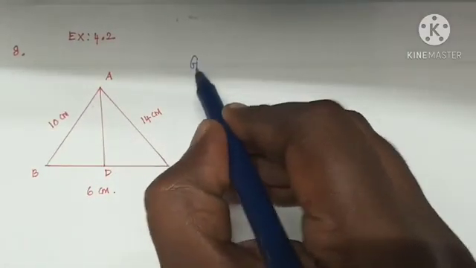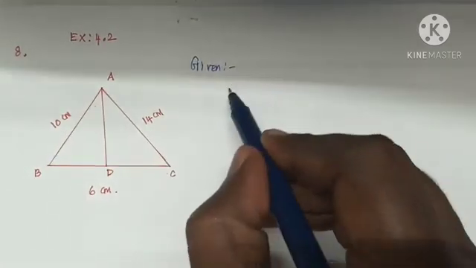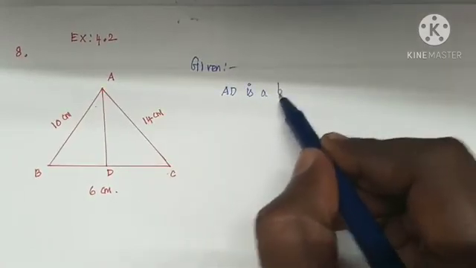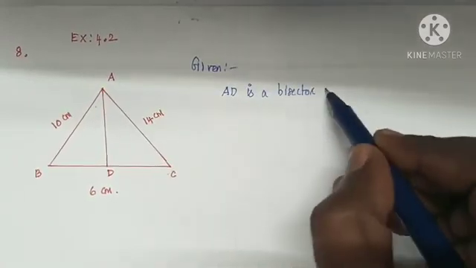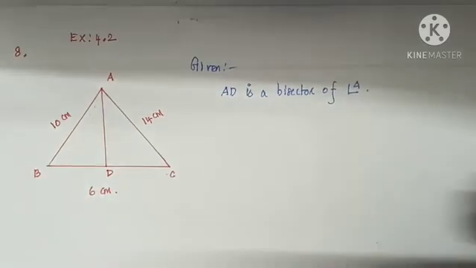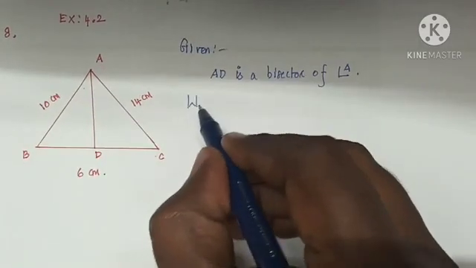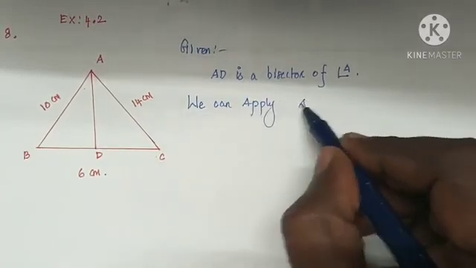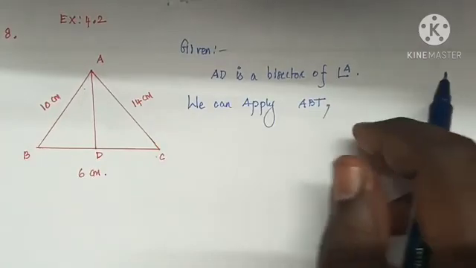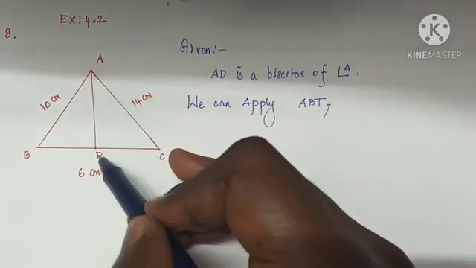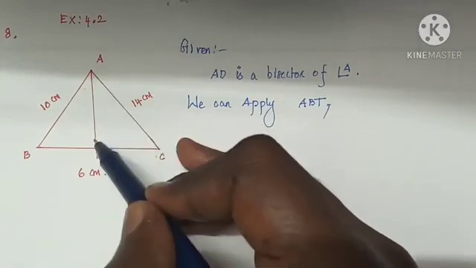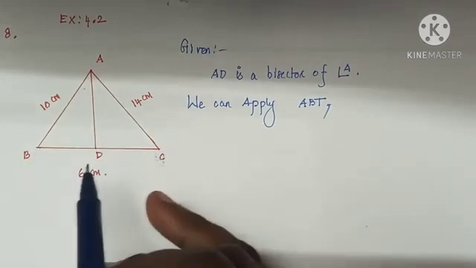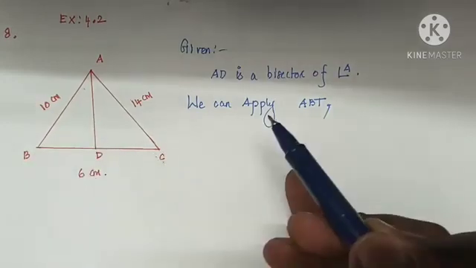They said AD is a bisector of angle A. Okay, so we can apply the angle bisector theorem, ABT. The internal bisector of a triangle divides the opposite side BC in the ratio of the corresponding sides containing the angle.